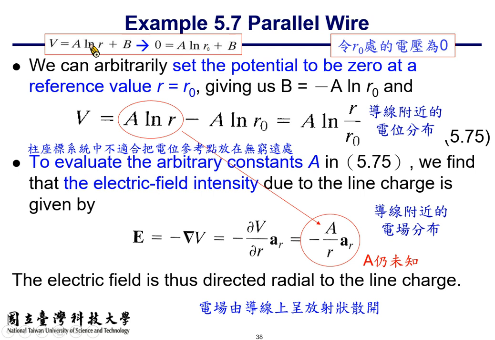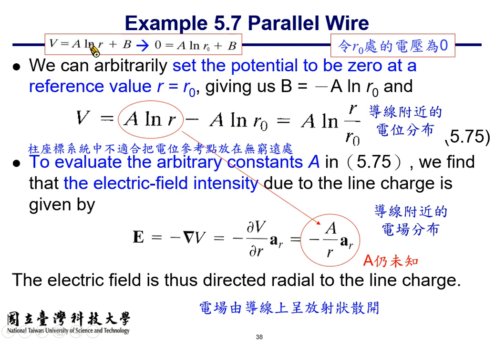As we talked about last week, in a cylindrical coordinate system, you cannot put the zero voltage reference at infinity, because the voltage is related to the natural log of r, so setting r equal to infinity is not defined.